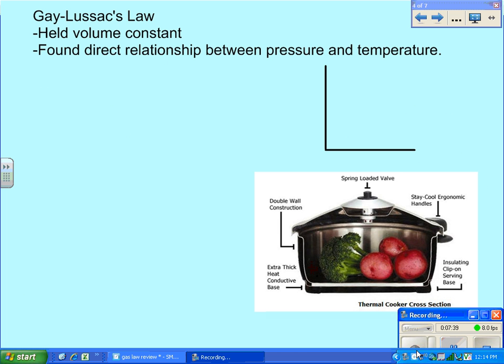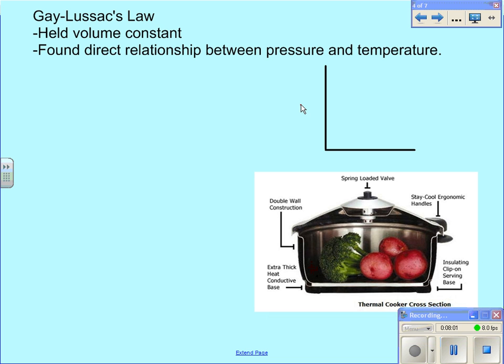As one increases, so does the other. Okay, Gay-Lussac. Gay-Lussac comes in and holds the volume constant. This would be kind of an example of maybe a pressure cooker, as we can change the temperature and the pressure will change inside, but the size of the pressure cooker itself doesn't change. So Gay-Lussac holds volume constant and looks at the relationship between pressure and temperature. When he does this, he finds a relationship that should look familiar.